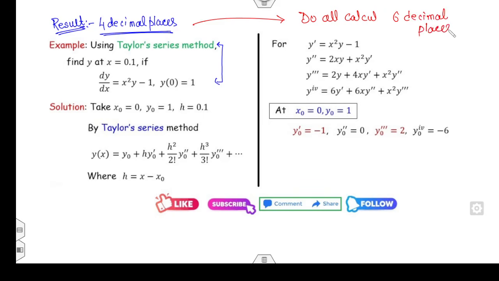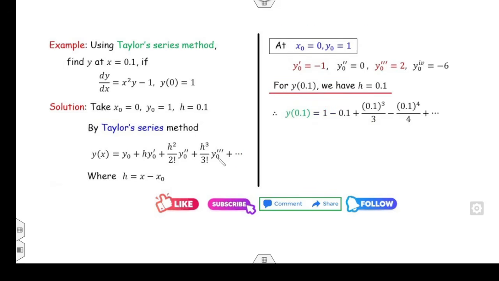If the statement says 3 decimal places, then you can do all the calculations up to 5 decimal places. Now substitute all these values in the given equations.